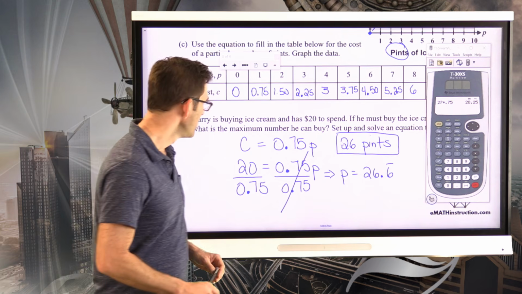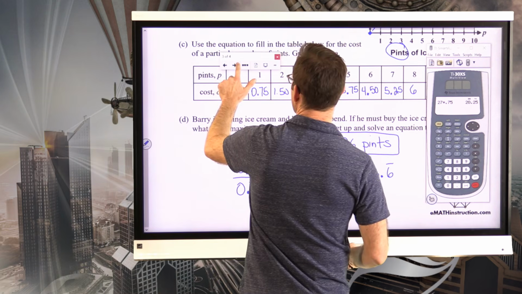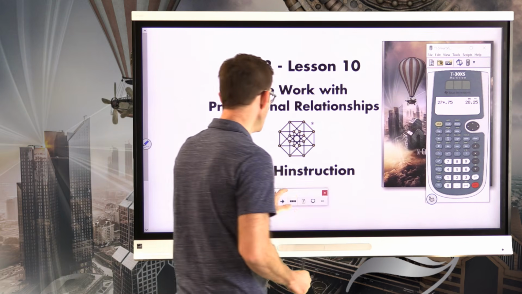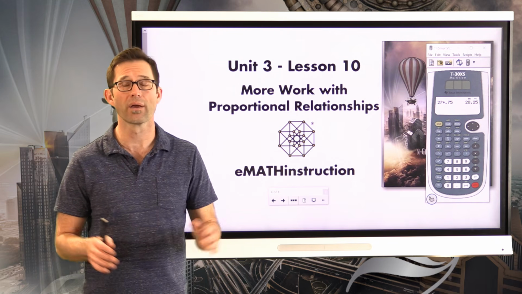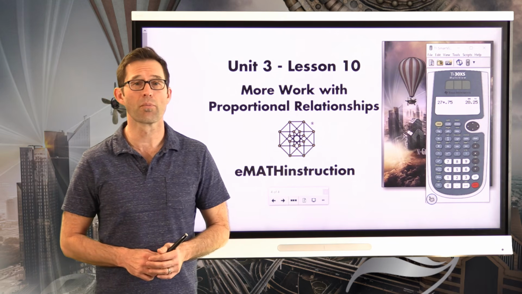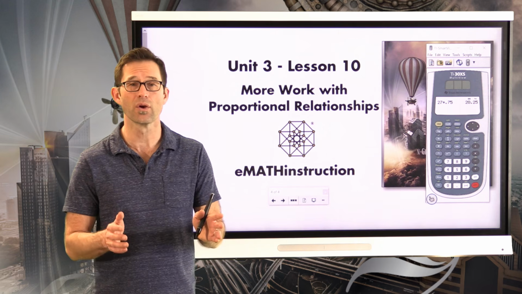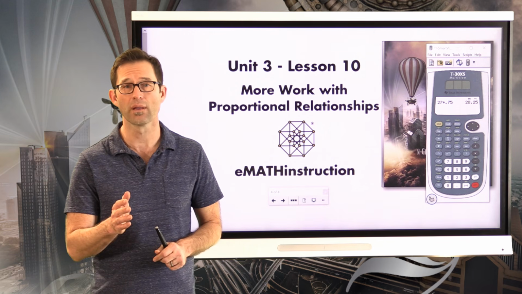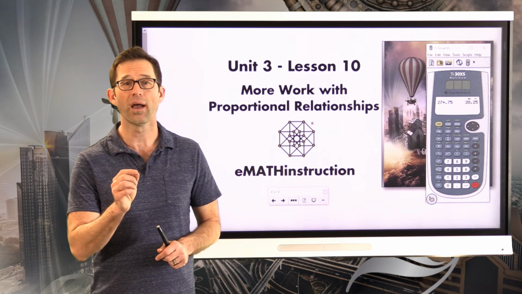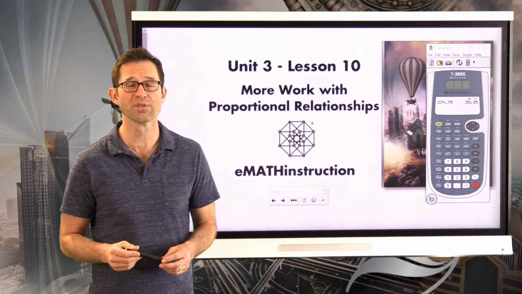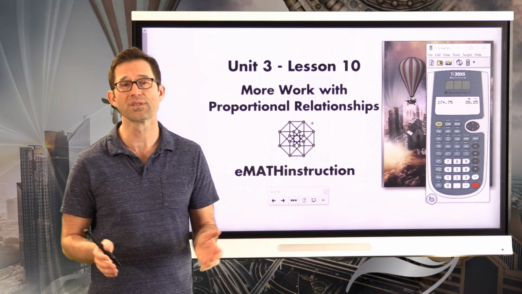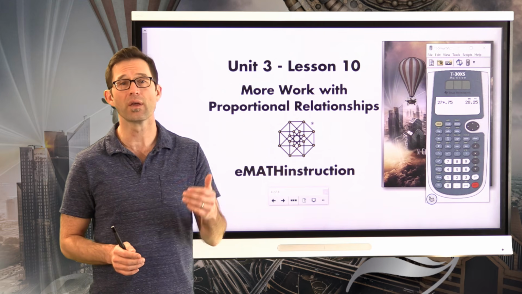All right, let's summarize a little bit. Here we go. So that was it in terms of proportional relationships, and we've seen it again and again. Two variables that are proportionally related will have graphs that go through the origin and fall in a straight line. We can find the unit rate, also known as the constant of proportionality, between the two variables by simply taking a pair of values other than 0, 0 and doing a division.